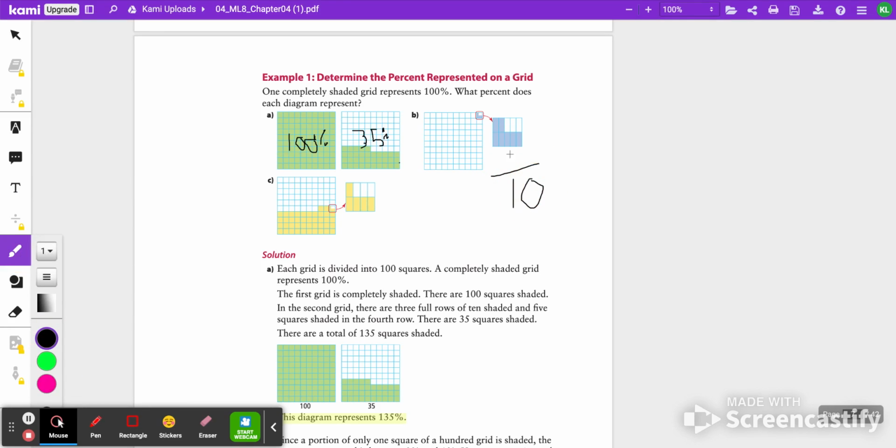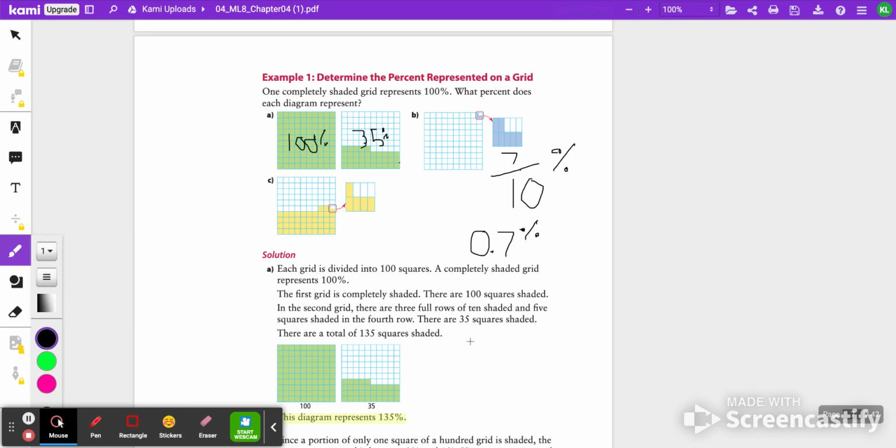And I have 7 shaded in. This is 7/10 of a percent, or as a decimal, 0.7. It's 7 out of 10, 0.7%.